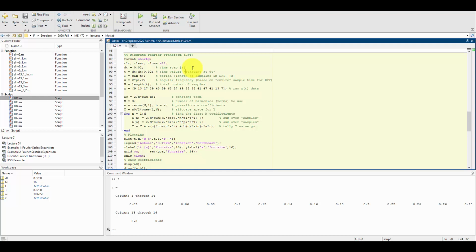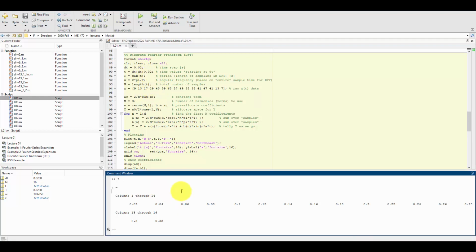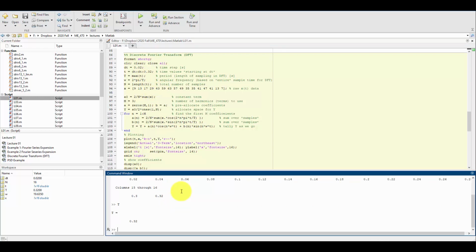So when I establish my t signal, I'm starting at dt, taking a time step of dt, and for the data we were given, it ends after 0.32 seconds. Again, this is important because of how we determine capital T, that period. We took data for 0.32 seconds, presuming that the first sample was taken at 0.02 seconds.